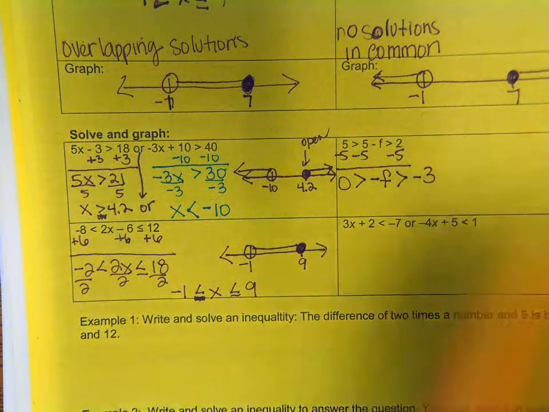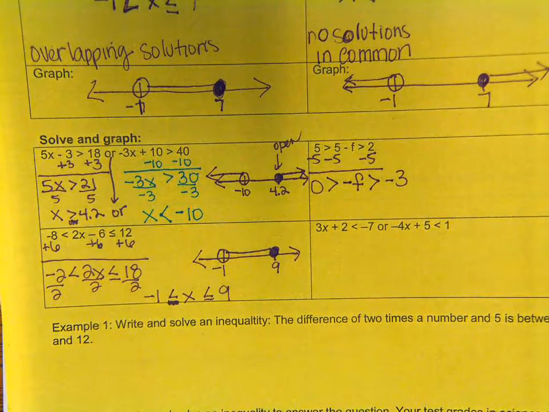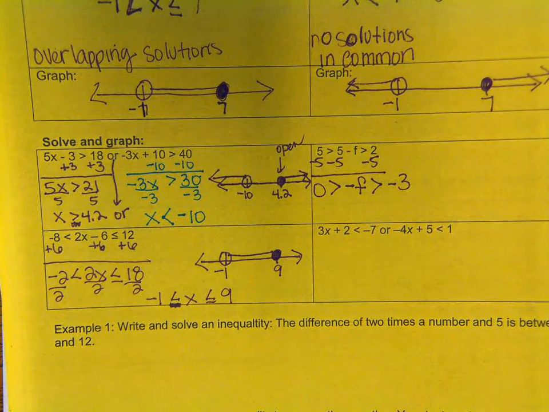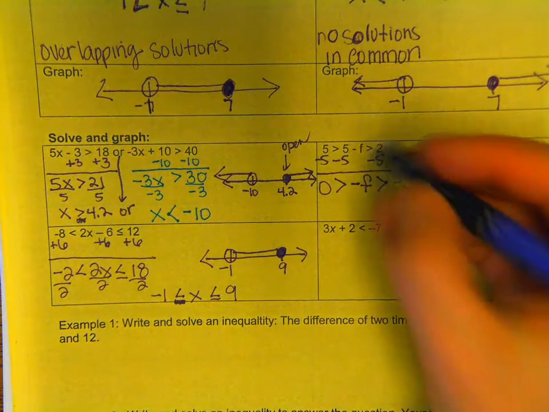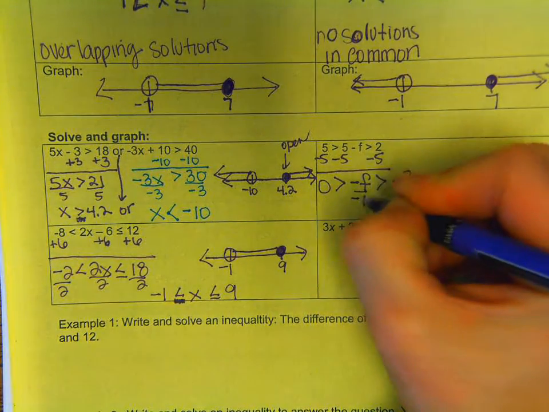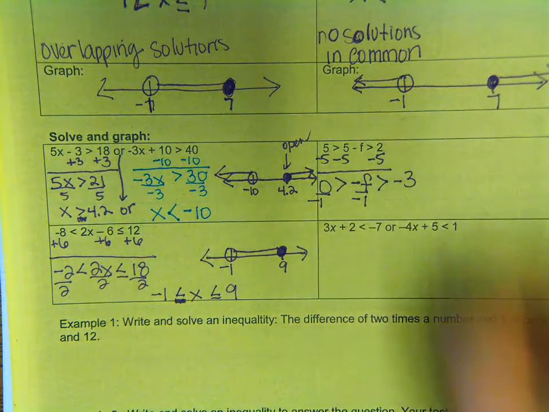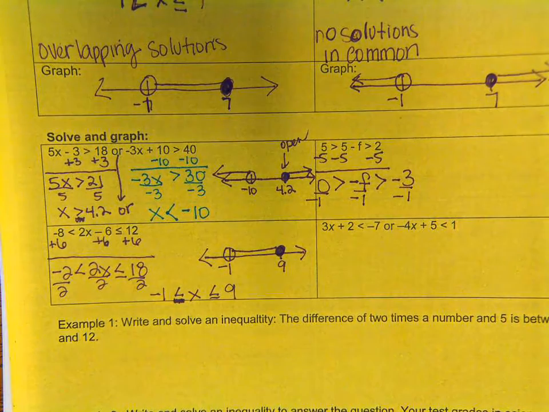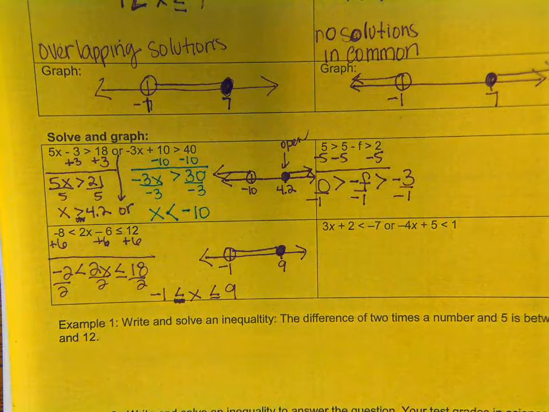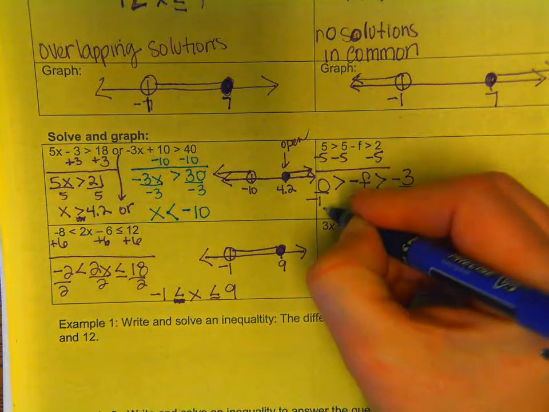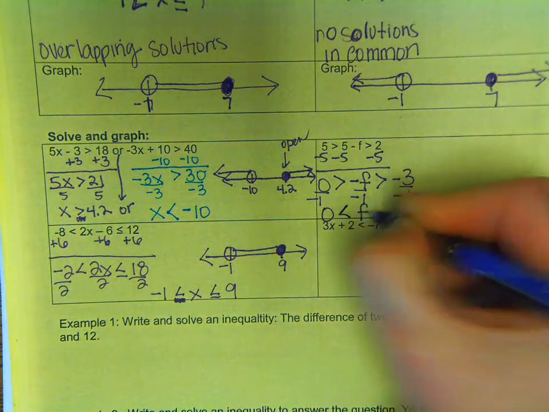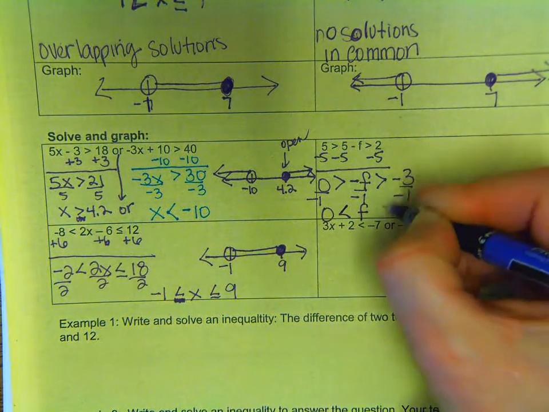Okay. However, when I get rid of the negative f, that means I'm going to divide by a negative 1. So I'm going to divide by a negative 1 here and here, which means I have to flip both inequality signs around. 0 divided by negative 1 is still 0, but now I flip this. So it's less than f. And then I flip this one.